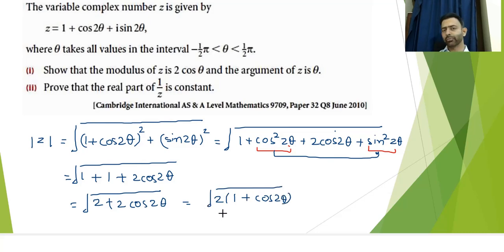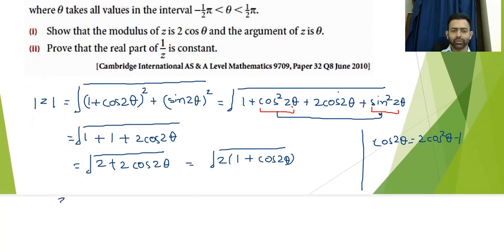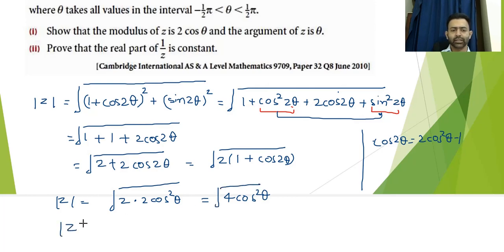Now using the double angle formula for cos, which says that cos 2 theta is 2 cos square theta minus 1, replacing this 1 plus cos 2 theta with 2 cos square theta, what I get is mod z is the square root of 2 multiplied by 2 cos square theta, right? So this is 4 cos square theta under a square root. So mod of z is equal to just 2 cos theta, right?